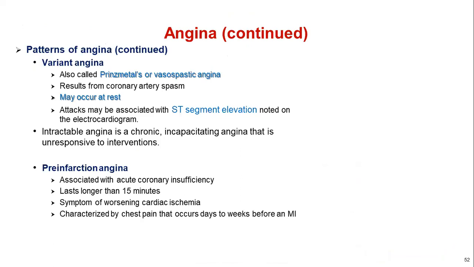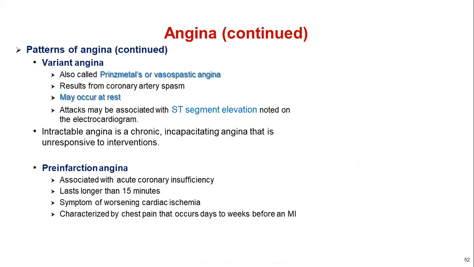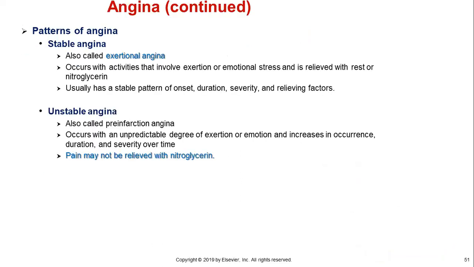There are 4 types of angina: stable angina, unstable angina, variant angina, and pre-infarction angina. With stable angina, patients usually complain, when I do work, pain starts, and when I take rest, pain disappears.